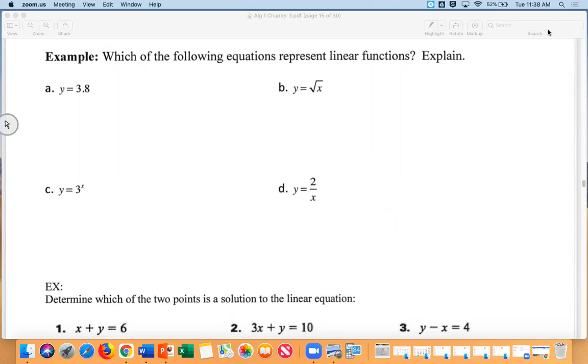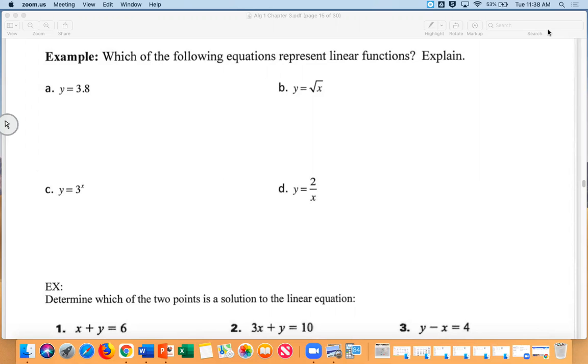So a linear function is one that has an x pretty much by itself. The x isn't in the exponent, the x doesn't have a square root around it, and the x is not in the denominator. So basically it's a plain and simple x. There's also some exceptions for this. We could have one with no x's.